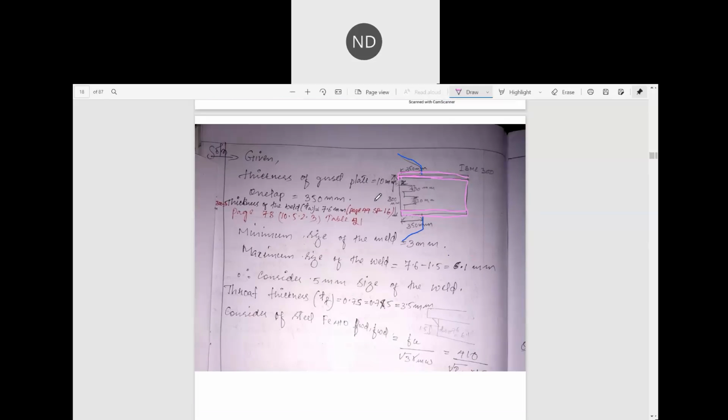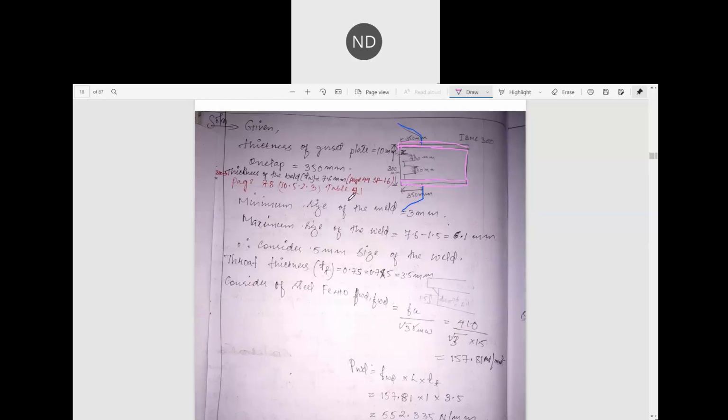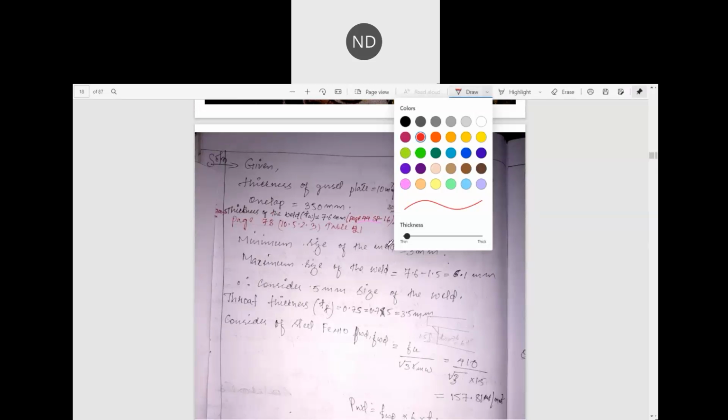Like here you can see in the solved question, page number 44 SP16 and page number 78, clause number 10.5.2.3, table 21 gives the thickness of the web. Web means what? Suppose this was your channel section, like this.